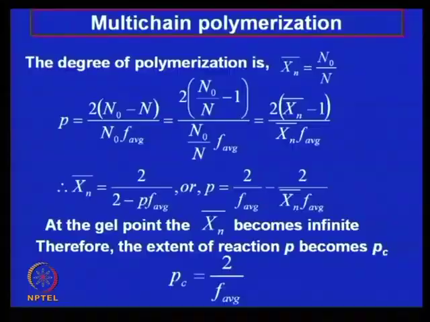Now, for the sake of calculation of the amount of reactants to be used for such polymer synthesis, we have to consider the average functionality, the average number of functional groups present in the reactant system we have taken.